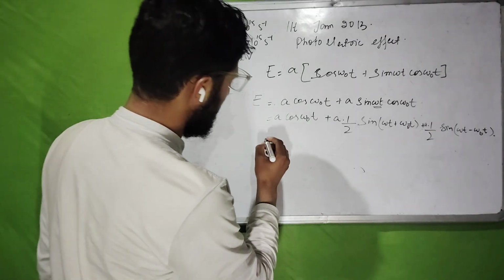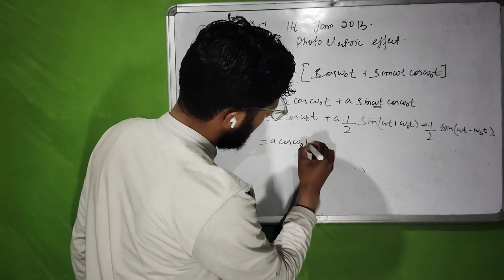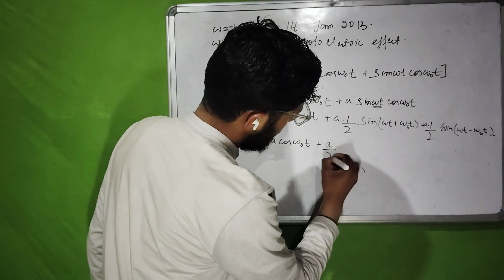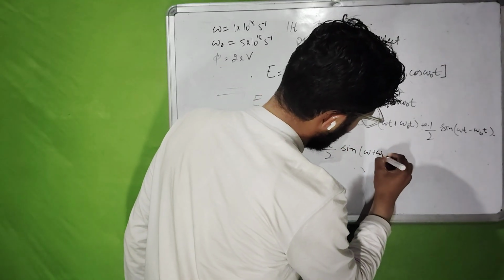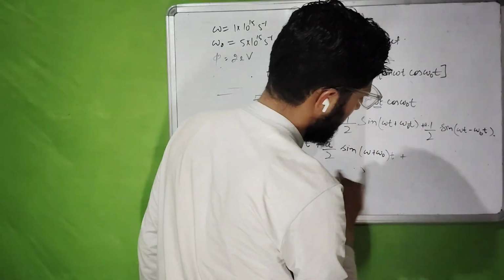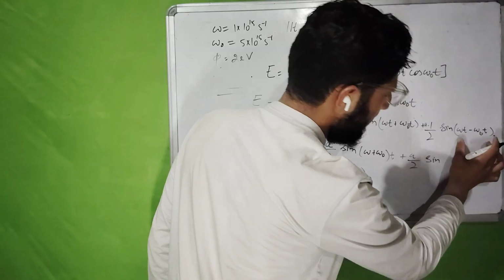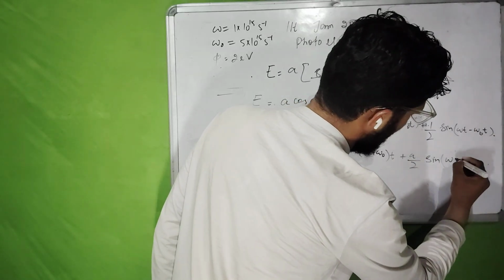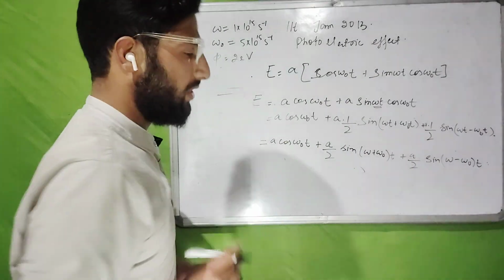Now further we can write it like this: A cos omega naught t plus A by 2 sine omega plus omega naught, we will take this t out of the brackets as common, plus A by 2 sine, here also we will take t common, omega minus omega naught into t. So this is our final equation now.